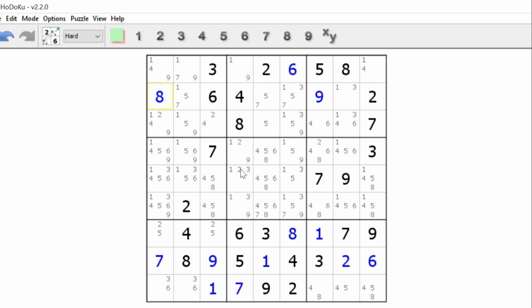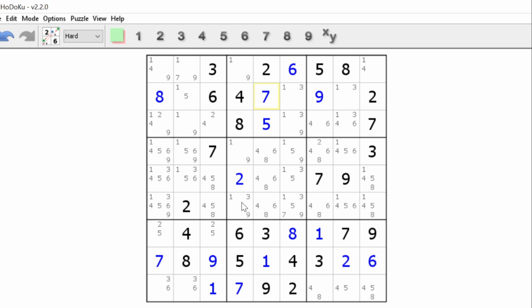We have a 2 here. Okay, so I don't see any more hidden or naked singles. Oh, it's a 5 and 7.